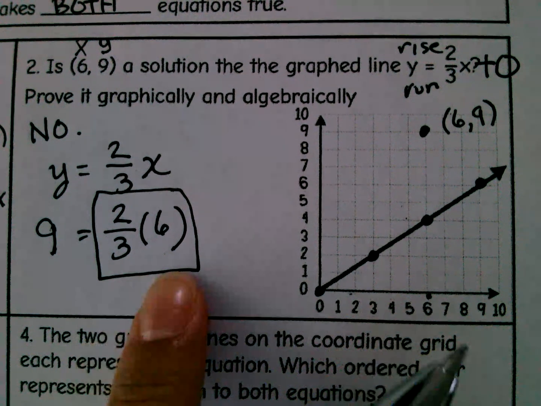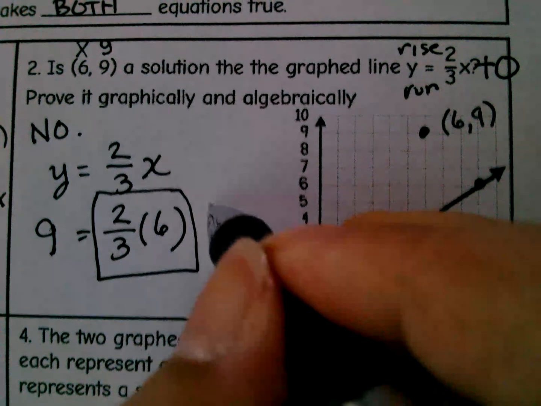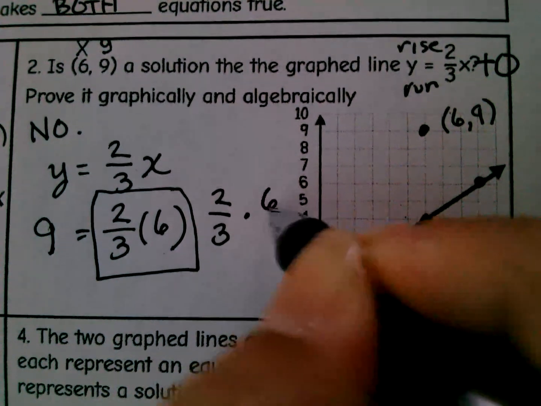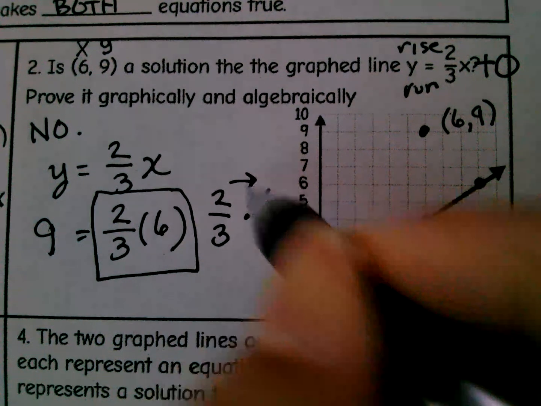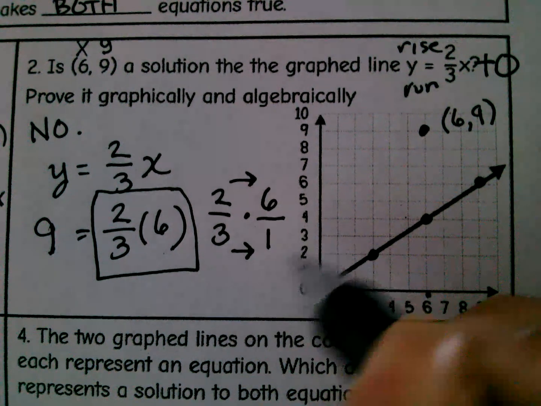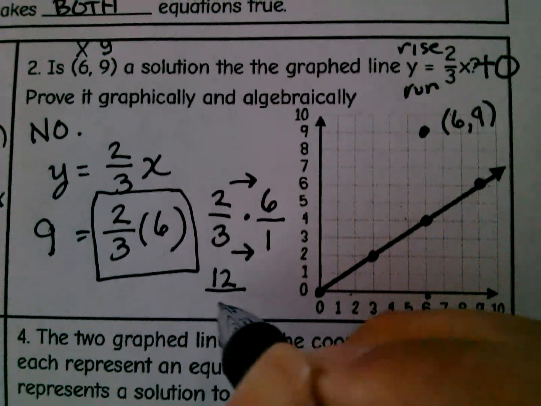Well, 2/3 times 6. You remember how to multiply fractions? 2/3 times, remember to put 6 over 1, right? And then just multiply across. What's 6 times 2? 12, right? What's 3 times 1?